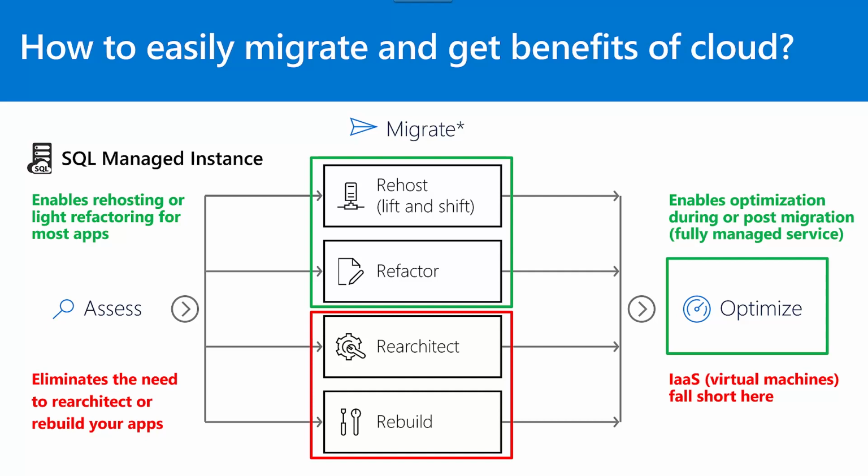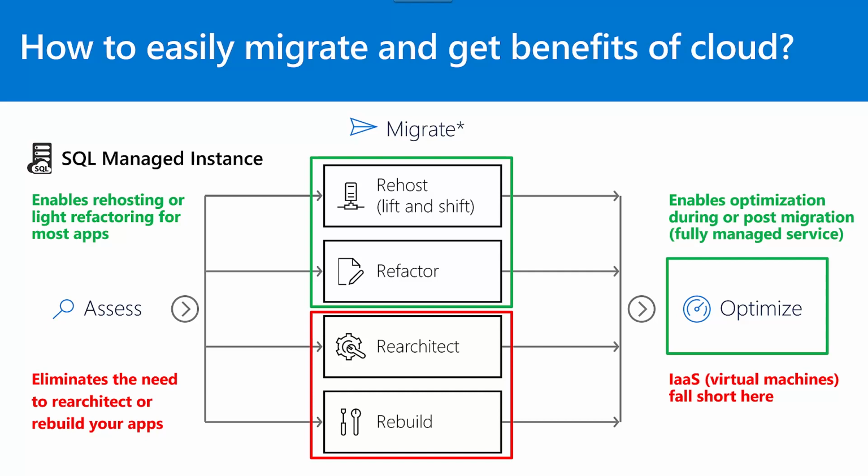Here the issue is, from the optimization perspective, from the management perspective, the SQL Server virtual machine option, you don't get the benefit of cloud properly. It is hosted over there, but you're still doing all the work.